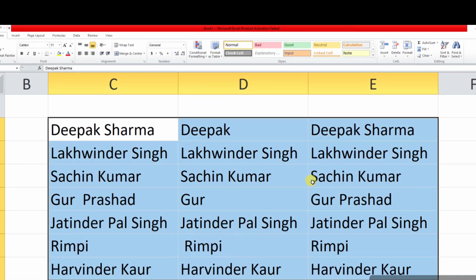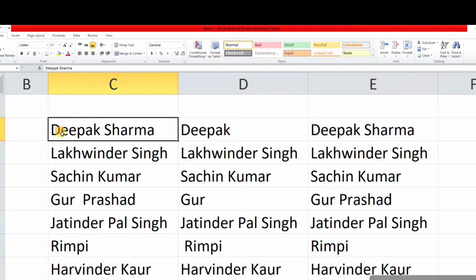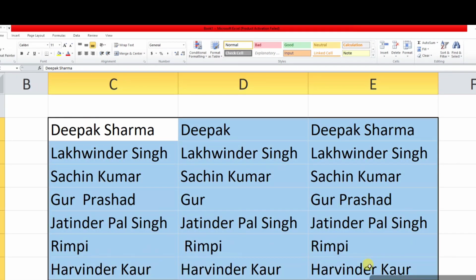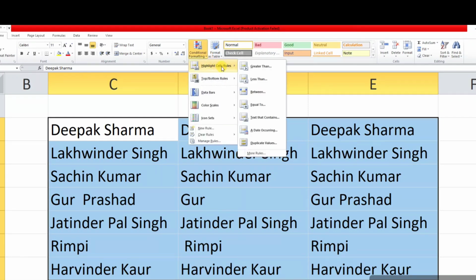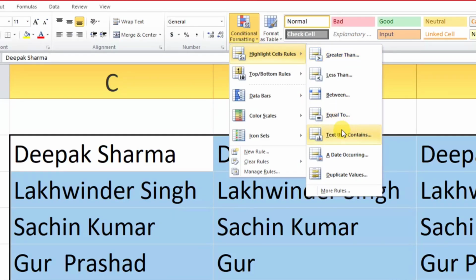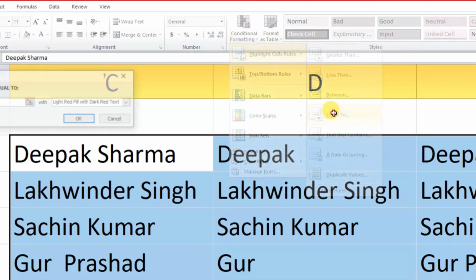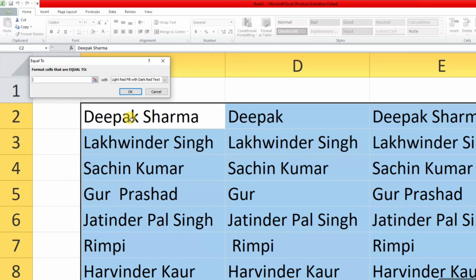This is our database. We created it already. Go to Home, Conditional Formatting, Highlight Cells Rules, and this Equal To function. Now see what we do.